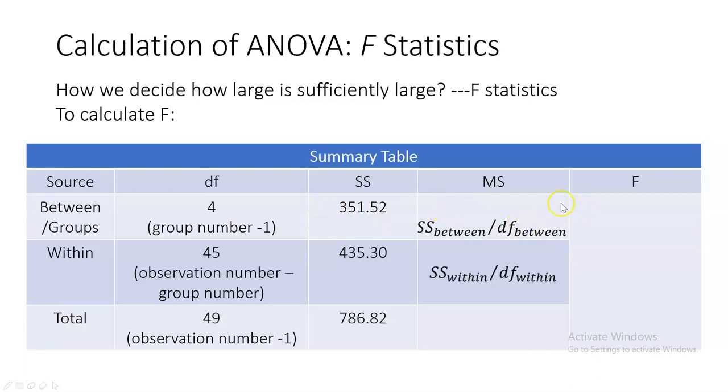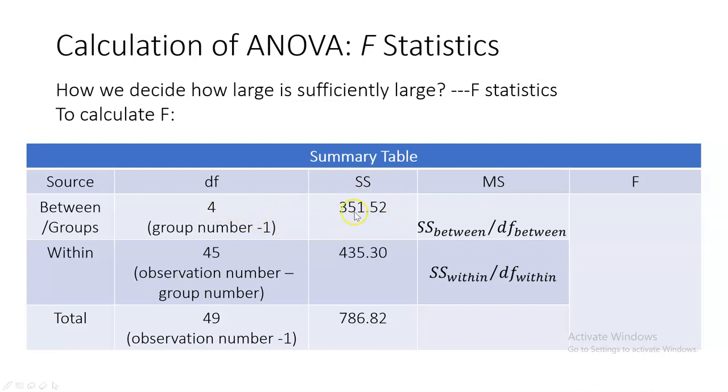So for between, we're gonna take the average of the sum of squares between. So what we're going to do is SS between divided by the degree of freedom between. Okay, so to fill out this cell, we're gonna divide this cell by this degree of freedom.